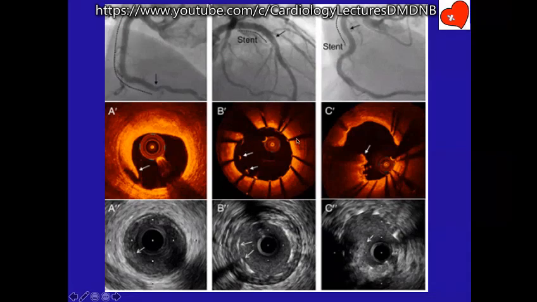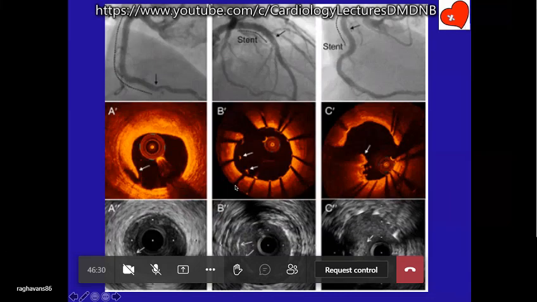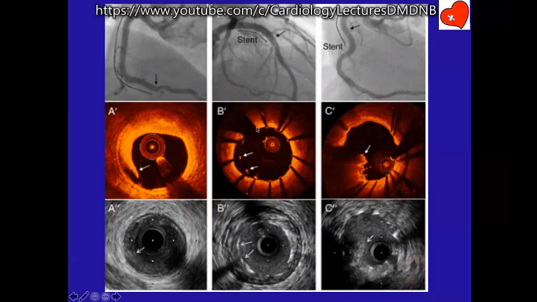Okay, so what are these radial structures? Stent struts. No, these are struts. What are these radial black lines? Shadows of the struts. Okay. So here the stent is not opposed to the intima. Therefore, it's a mal-expanded stent.